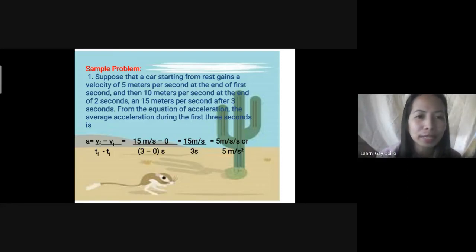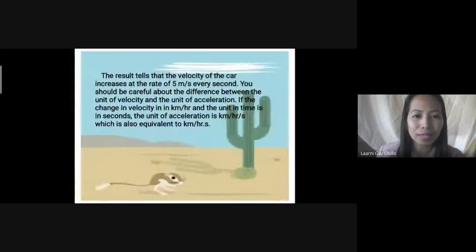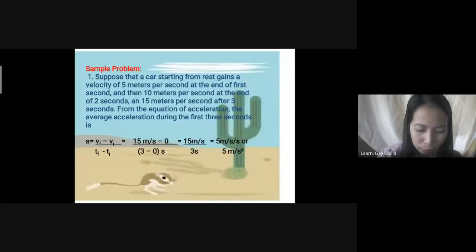Okay, so sabi natin, yung formula na ginagamit natin is change in velocity over change in time, or v sub f minus v sub i over t sub f minus t sub i. Okay, yung ating final velocity is ito, 15 meter per second. Ibig sabihin, pag final, yun yung huling bilis ng takbo ng sasakyan. Pag sinabi naman natin initial, that is the starting point.